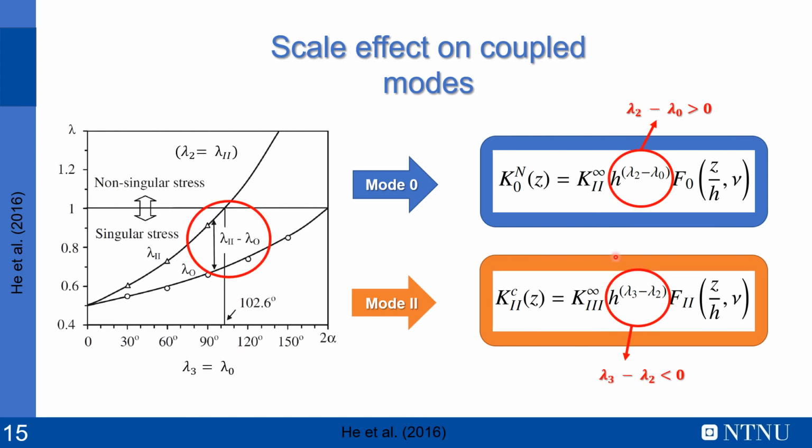In fact, here we can see how, looking at the sign of the exponents, for mode 0, thicker plates lead to a greater influence of K0, while for the coupled mode 2, thinner plates lead to a greater influence on K2, as the difference between the strengths of the singularities is highlighted here.